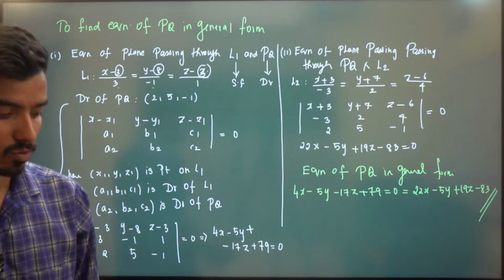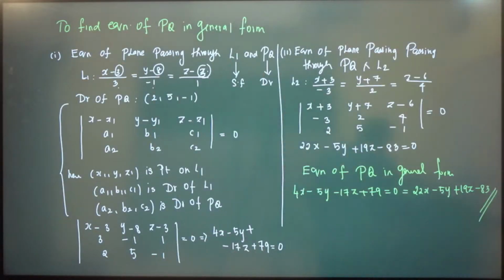This is the equation of PQ. So from now on you can find any such plane, right? To find the equation of plane passing through two lines, one line is in symmetrical form and for the other line you know only the direction ratio, right? You can see that L1 is in symmetrical form, PQ only direction ratio. So x minus x1, y1, z1, direction ratio of PQ.